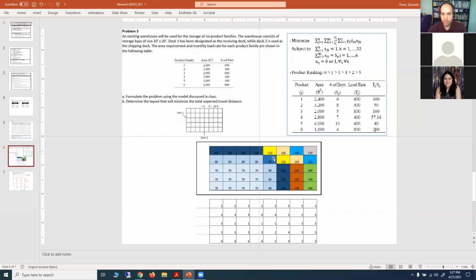So I have 4 cells that are 80, and then I need to find 3 more for 4. So I have 90 here, and I have 200s here. And then you continue this process until you complete the assignment for all the products in the facility. Okay, so that's how you go about this problem. Any questions?